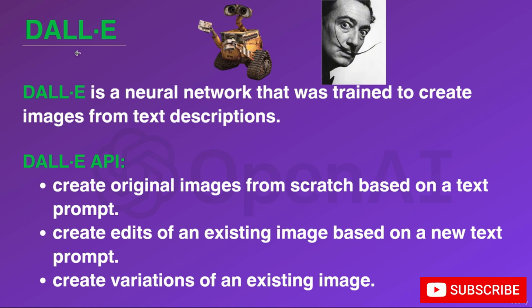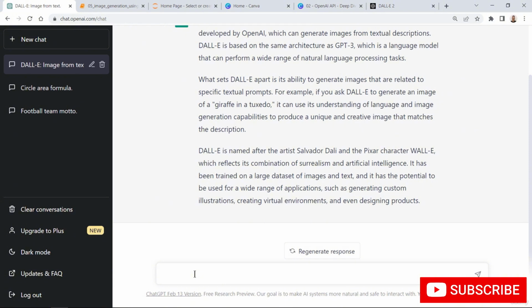I also want to point out that when we are talking about DALL-E, we are referring to DALL-E 2, which is the second version of DALL-E. Let's go ahead and see how to create a DALL-E request using the OpenAI API and Python. Let's ask ChatGPT as well.